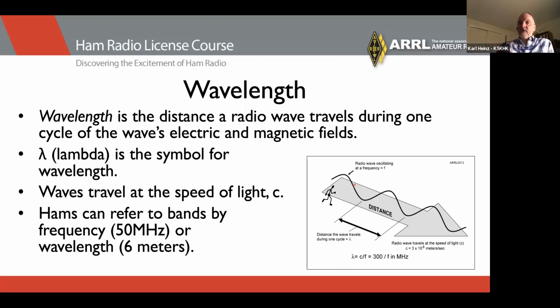The same thing goes with radio waves. If we had a way to visualize radio waves, with a little bit of spray paint in the air, and they would all of a sudden manifest themselves out of thin air, we could measure from one of those maximums or minimums to the next one, and then determine the wavelength of that radio wave.